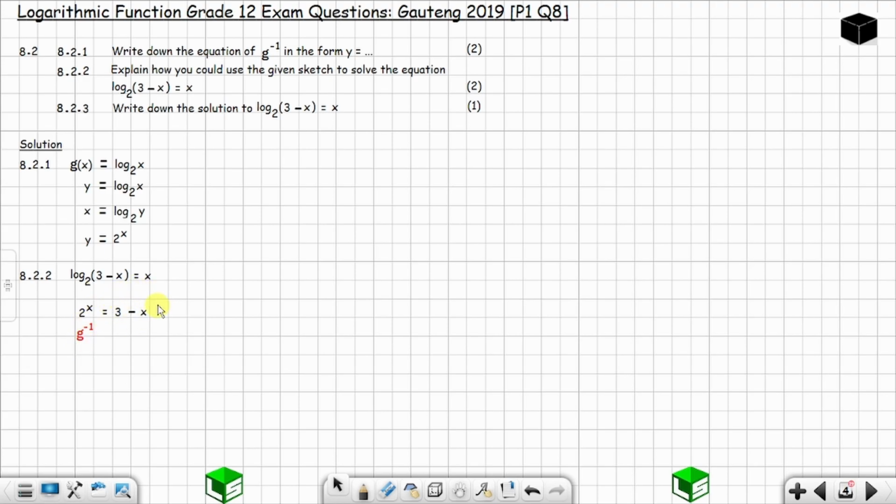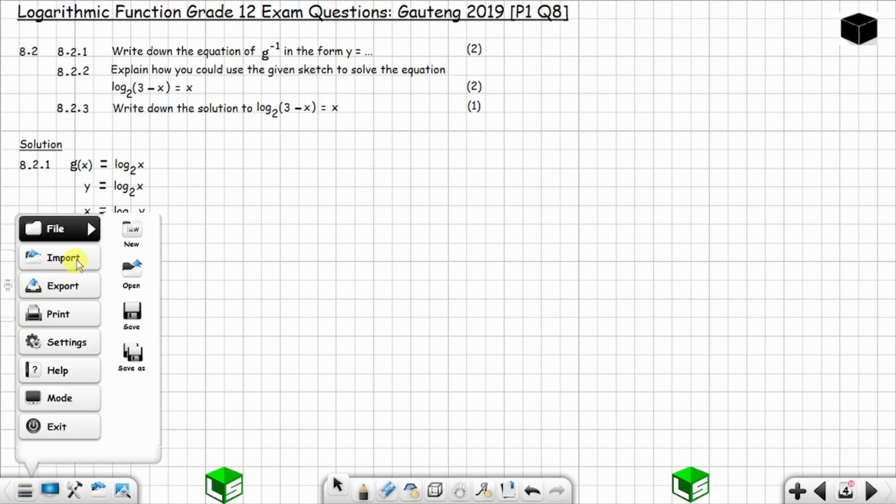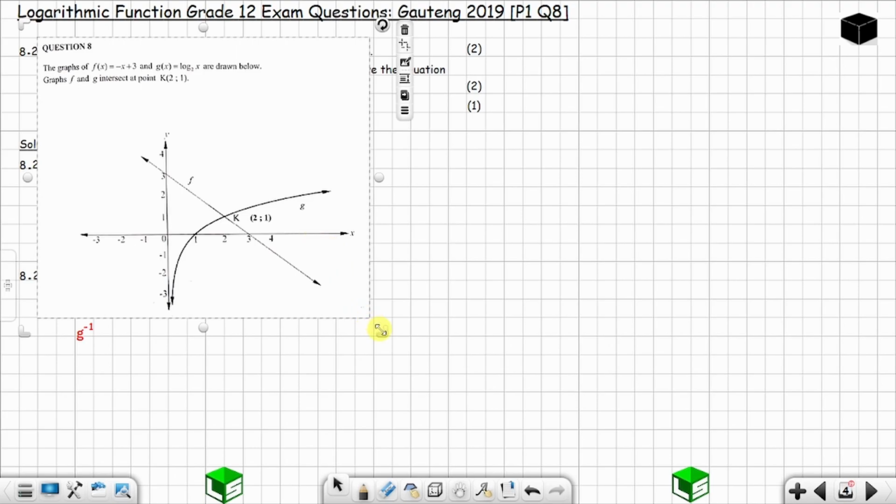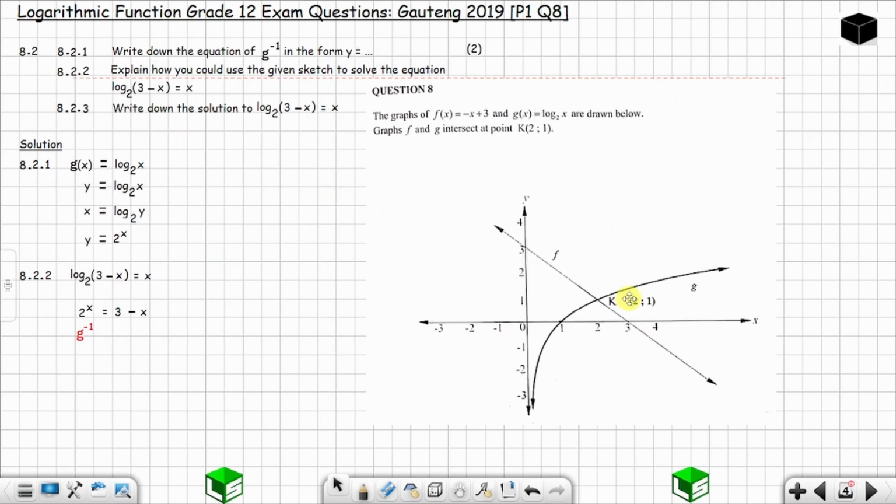And when you check the graphs, you can see that this is actually the graph of f, the line. Can you see the graph of f of x is equal to negative x plus 3? This is the graph of f.